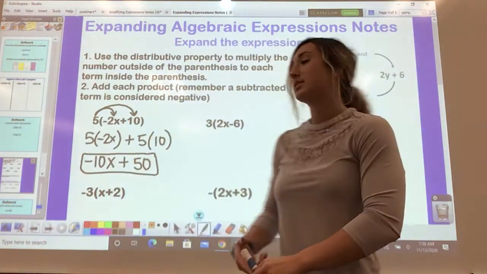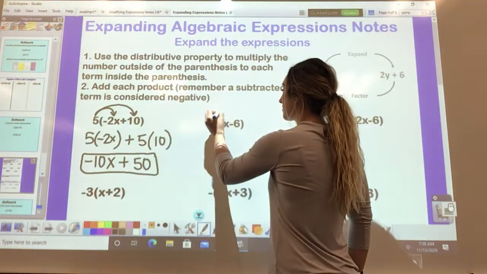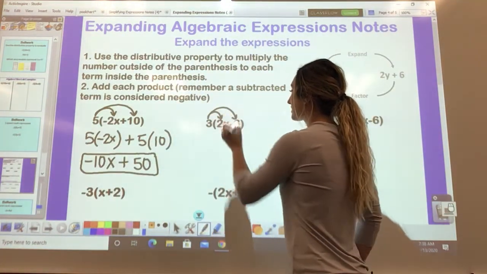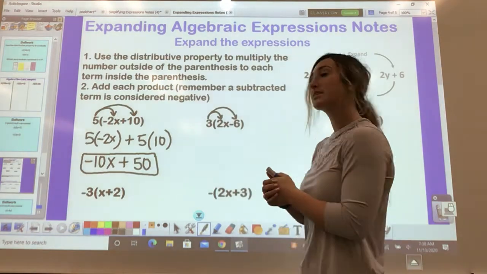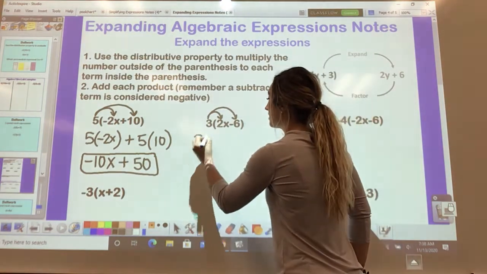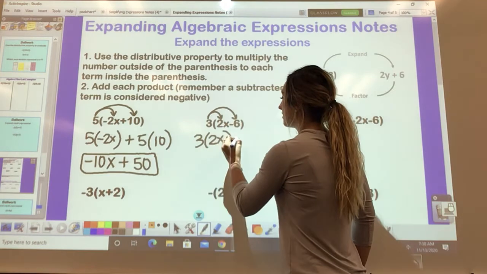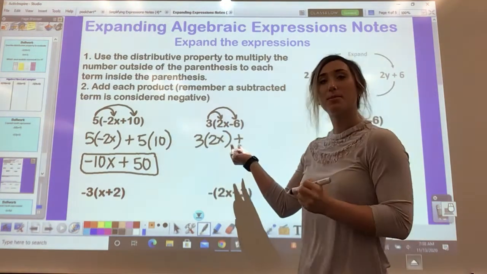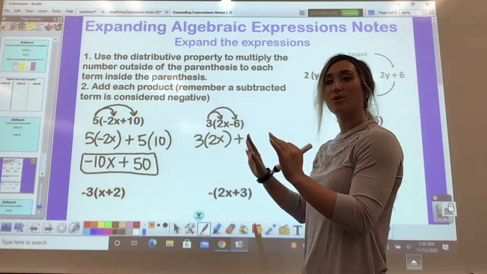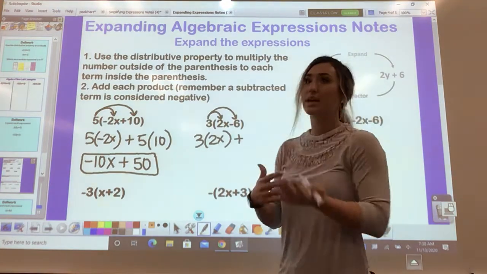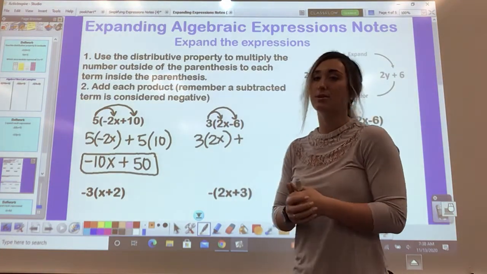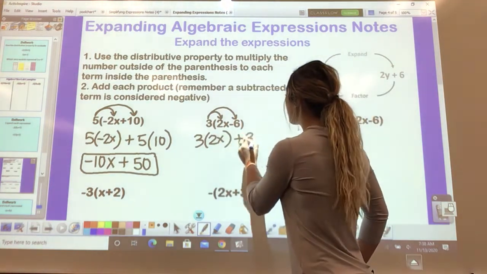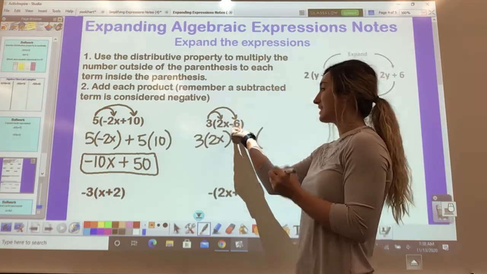All right, going on to this one. Again, this 3, we're going to distribute it into the 2x and the negative 6. So 3 times 2x plus, I'm always going to put a plus sign here no matter what. Okay, I'm always going to add, and then we can incorporate the negatives into our numbers. So this was a positive 3, and this is a negative 6.